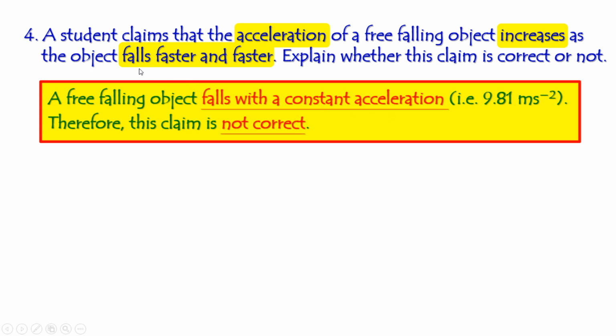The object falls faster and faster because its speed is getting larger and larger, but not its acceleration. Its acceleration is a constant, which is equal to 9.81 meter per second squared, no matter whether it is a light object or a heavy object. Is it okay? So, question 4 is similar to question 1.